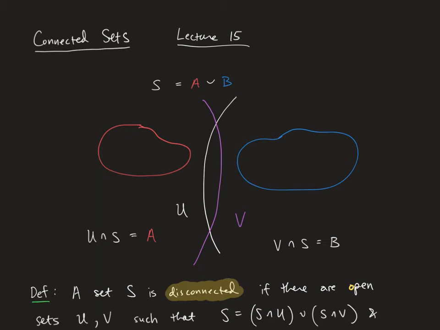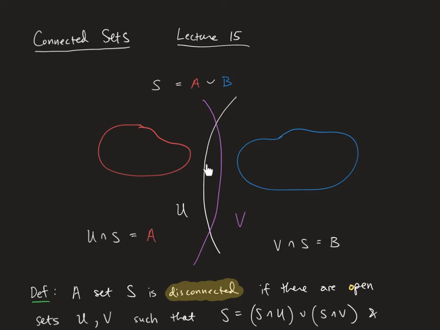And then reversing the roles of A and B, we see also that the closure of A has to be disjoint from B, because A is contained in V complement. So we have this big closed set containing A, and therefore the closure of A is contained in that closed set. And so that's another way of thinking about a separation being a way of insulating two halves of a set from each other.